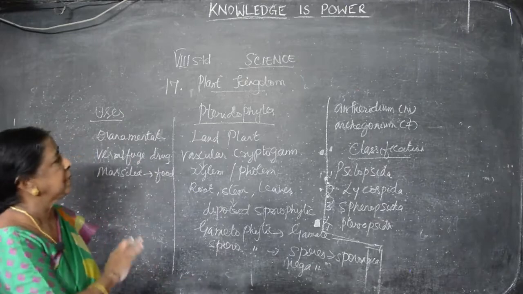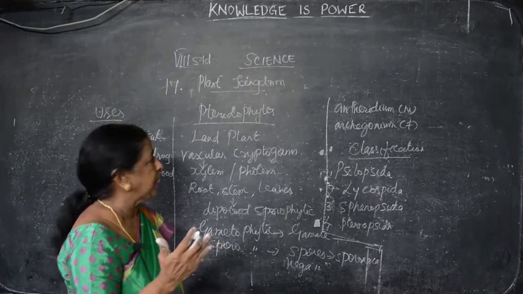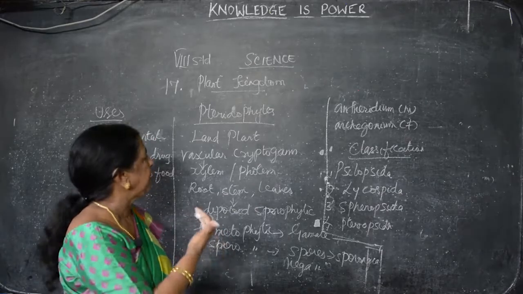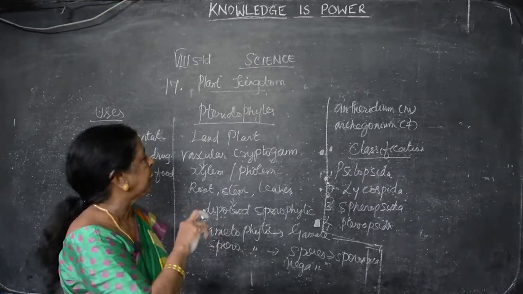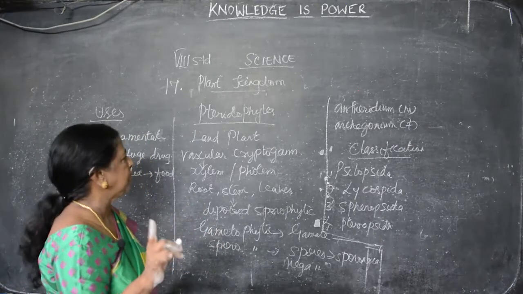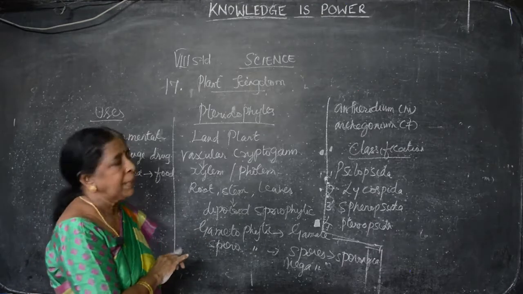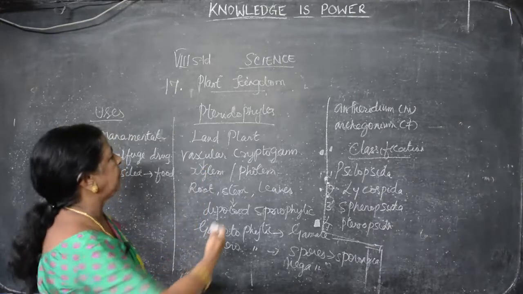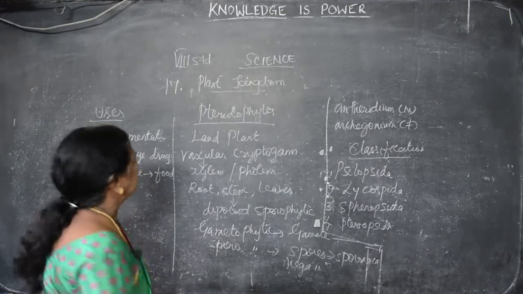So we have concluded this lesson on cryptogams, the non-flowering plants. We have seen Thallophyta, Bryophyta and Pteridophyta. In Thallophyta we have seen 2 examples, fungi and algae. In bryophytes we have seen only one division, and pteridophyte also one. They developed gradually, and finally pteridophyte is the last stage of the cryptogams.